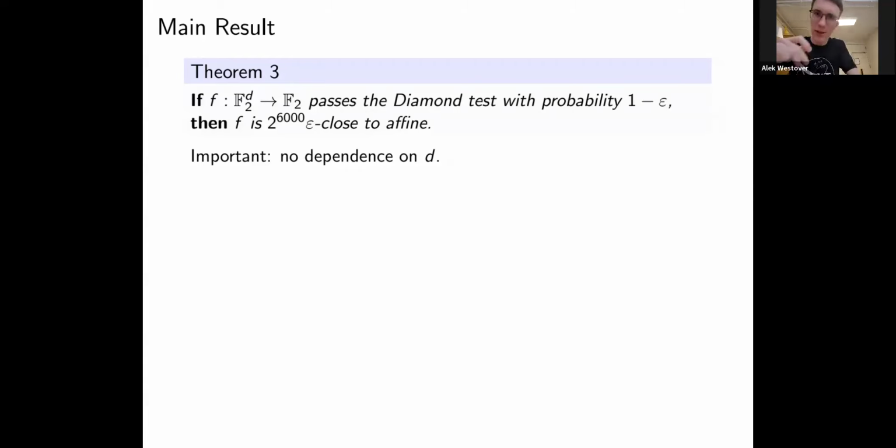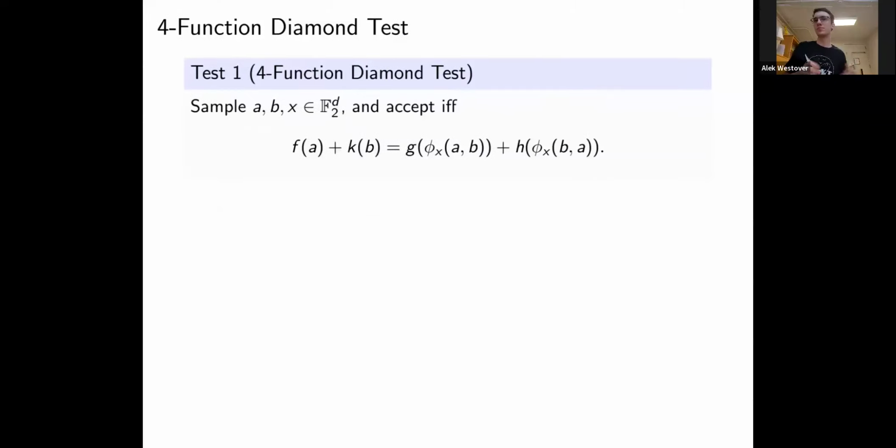And in this theorem statement here, the important thing I want you to note is that we don't have any dependence on the size of the domain. We just have some constant order epsilon closeness if you pass with probability 1 minus epsilon. Okay, so that's really great. And now let's get on to the proof.